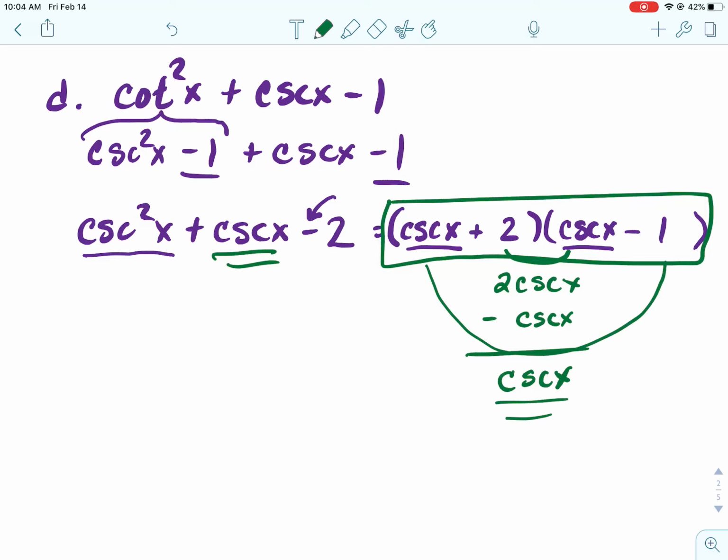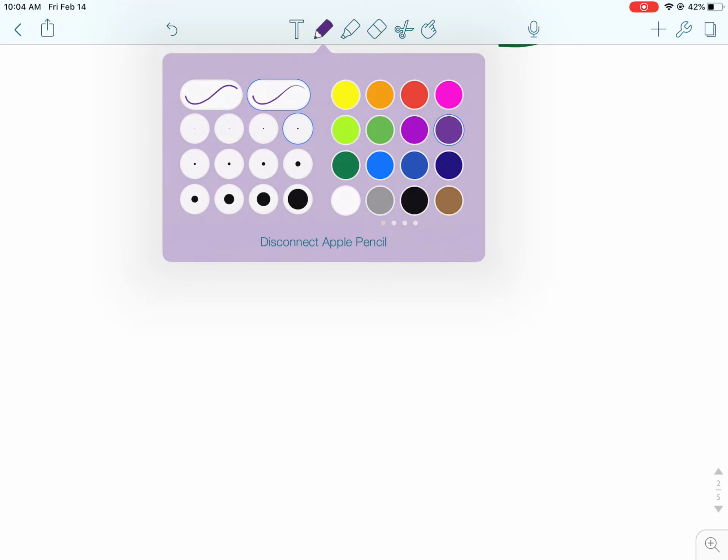Okay, this last one that we're going to do is also a trinomial. Six cotangent squared of x minus 13 cotangent of x plus 5.